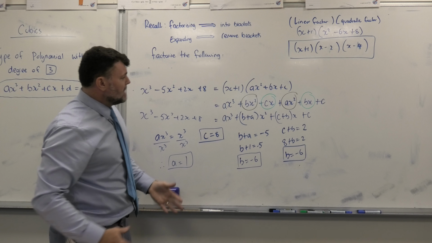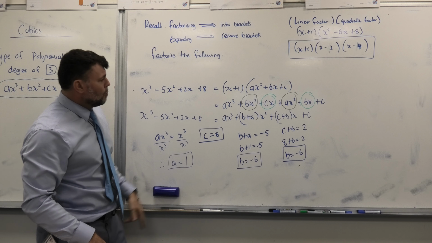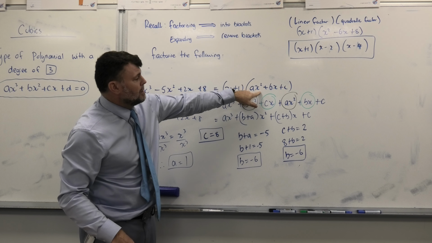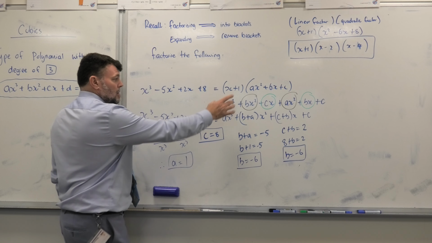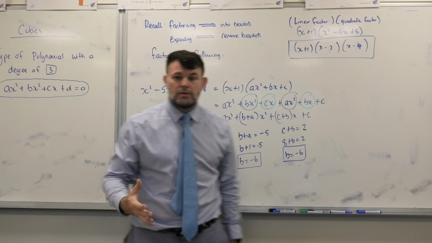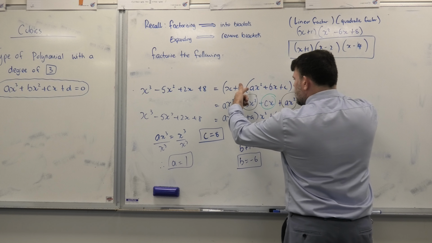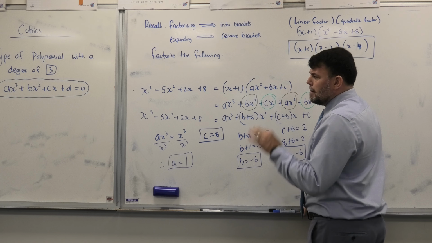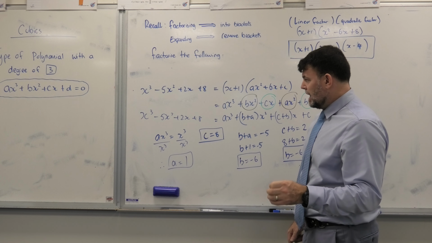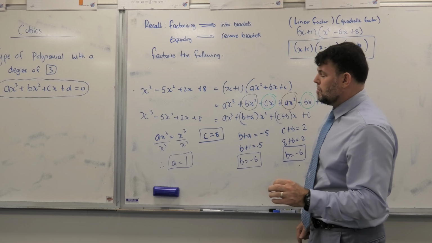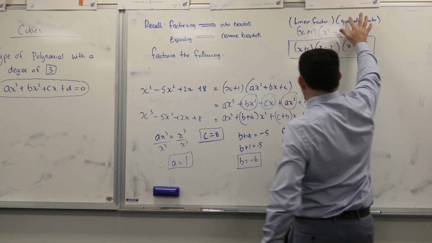You need to be able to use polynomial equality to help us work out what this function is going to be. In a lot of instances, you may be given what your first factor is, your linear factor, and therefore you just have to work out what your quadratic factor is. But to be able to find a quadratic or cubic polynomial, you need to be able to multiply a linear and a quadratic together.